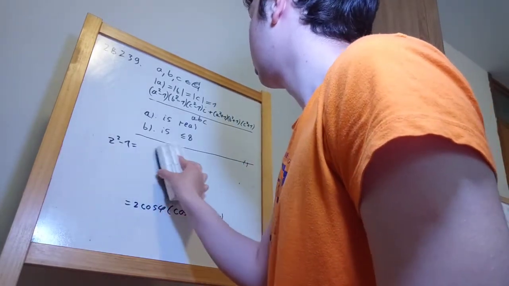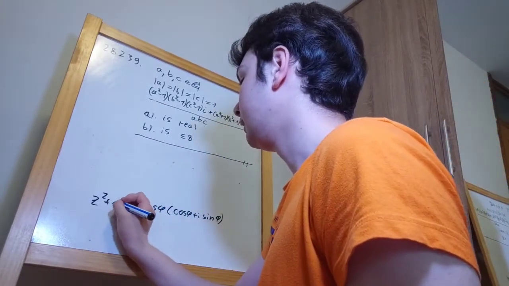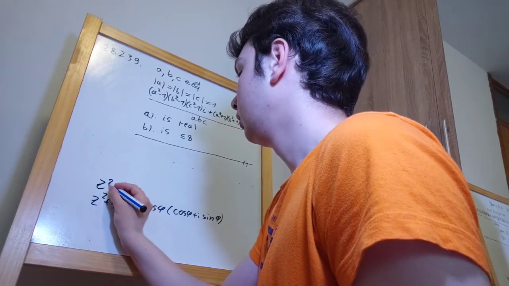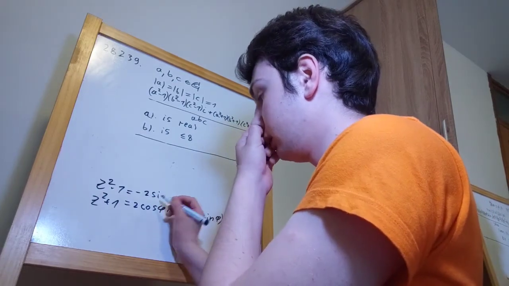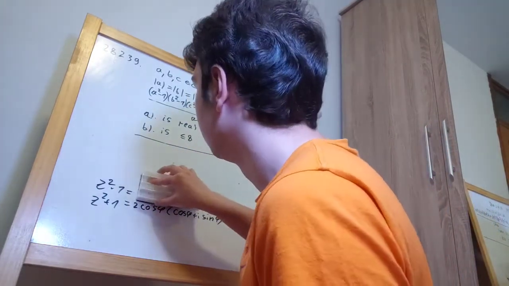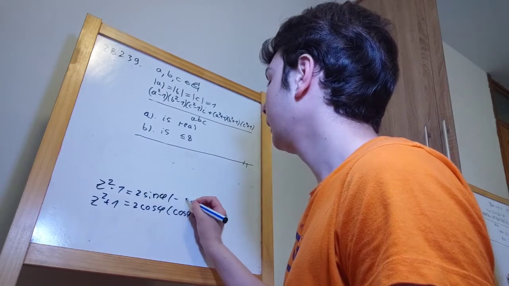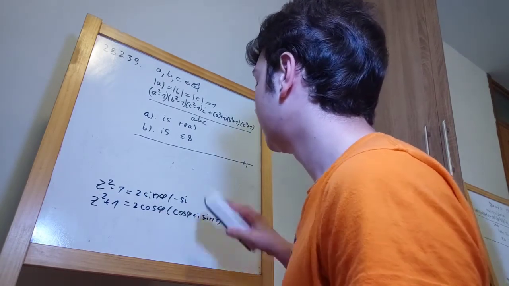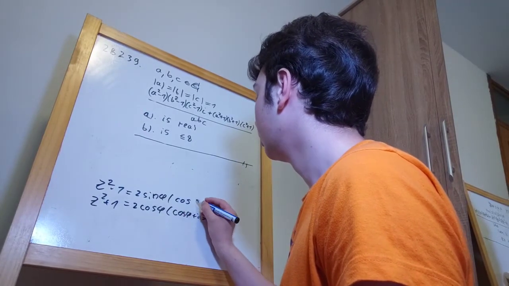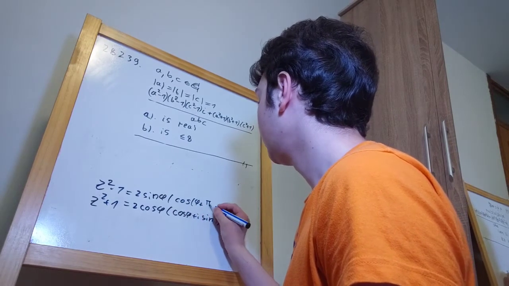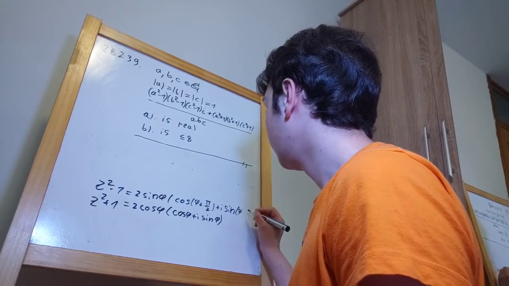So we have z squared plus 1 here, and z squared minus 1 was equal to 2 sine of phi times, let me just write this in its trigonometric form: cosine of phi plus pi over 2 plus I sine of phi plus pi over 2.